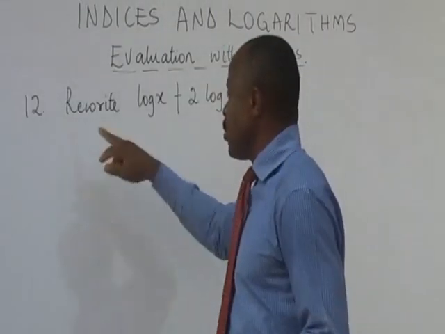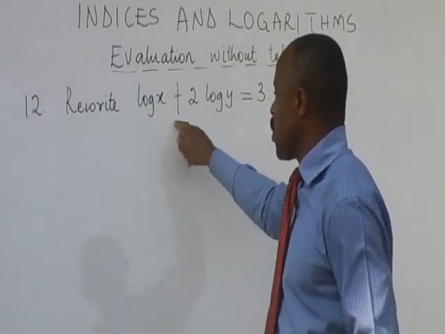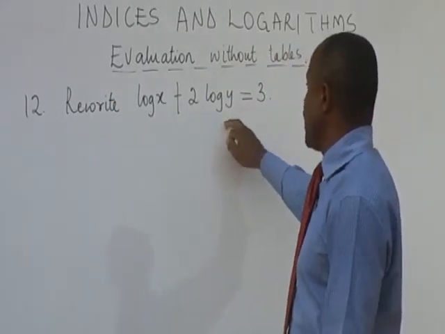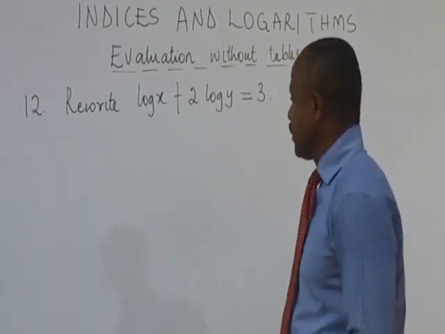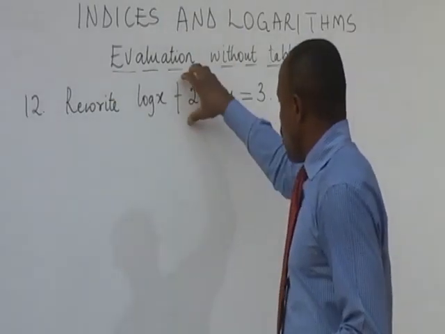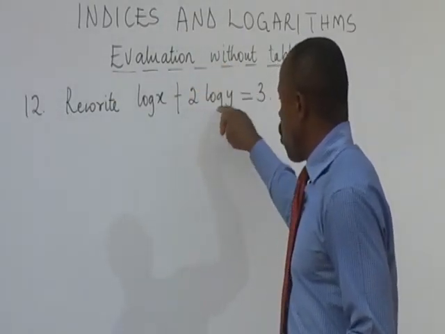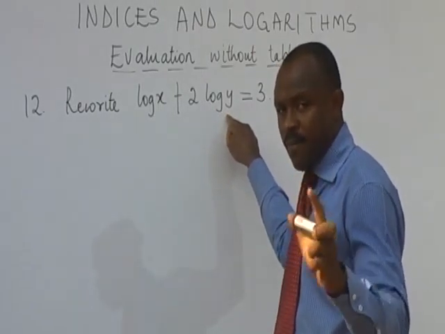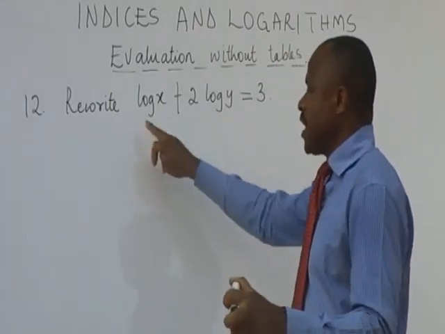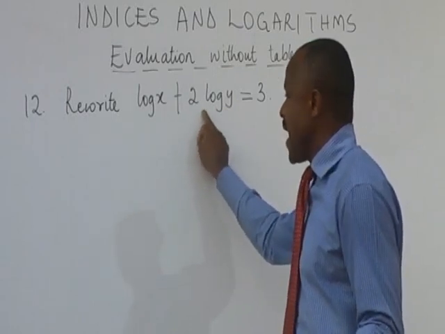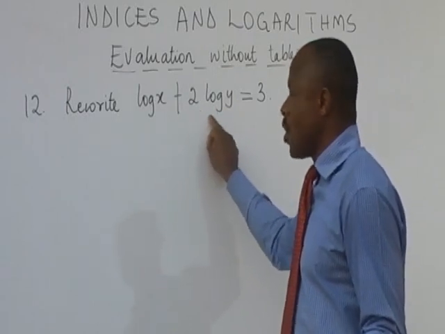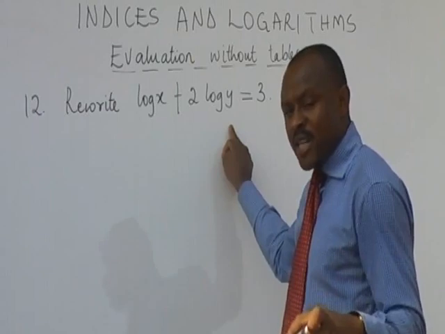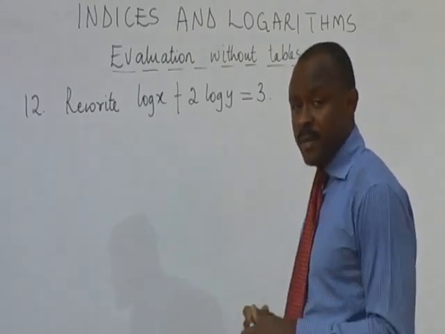Question number 12 says we should rewrite log x plus 2 log y equals 3. We are going to change 2 log y respecting the third law of logarithms, after which we will combine log x plus whatever we get as the value of 2 log y respecting the first law of logarithms.